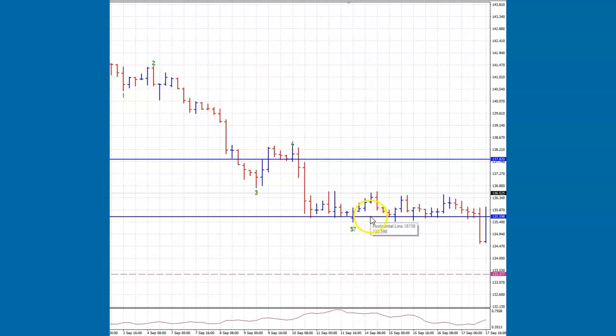Now, the ABC pattern off of a 0.5 would be, I would need a 13 bar high, and then followed by an 8 bar low, and then another movement down for a 21 bar low. So I don't get it anywhere here. I don't get any 13.